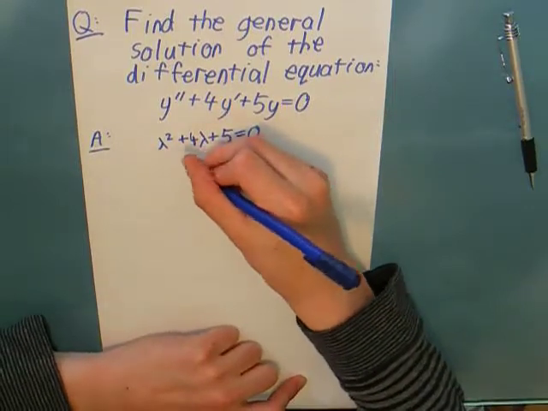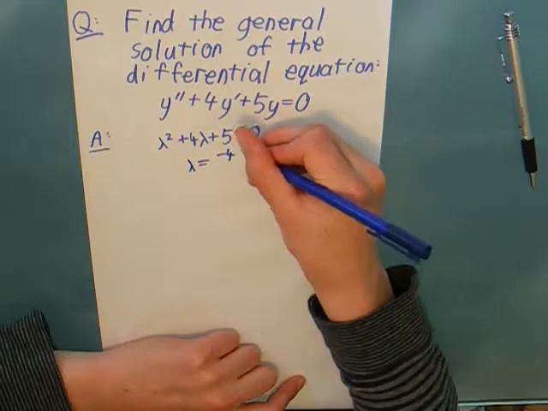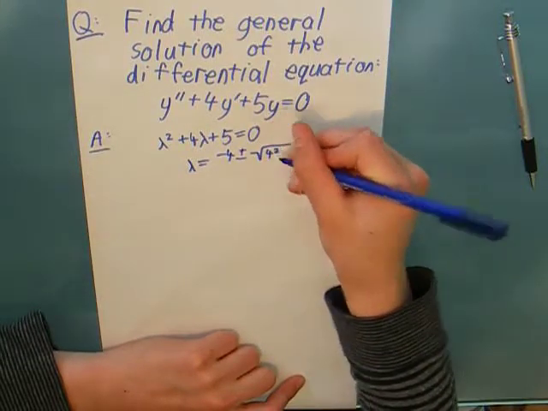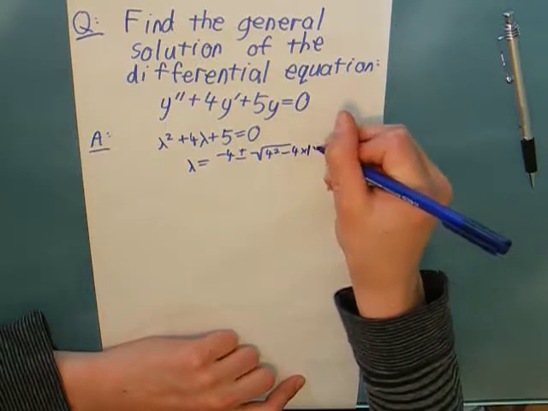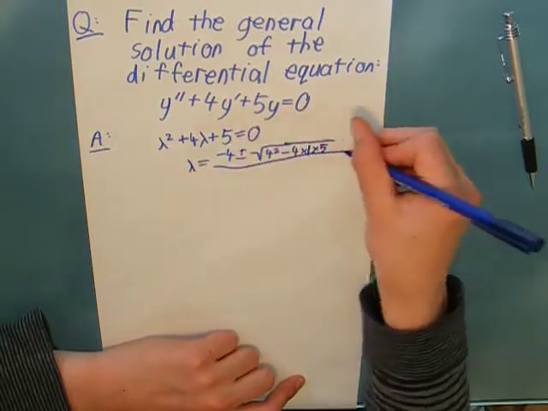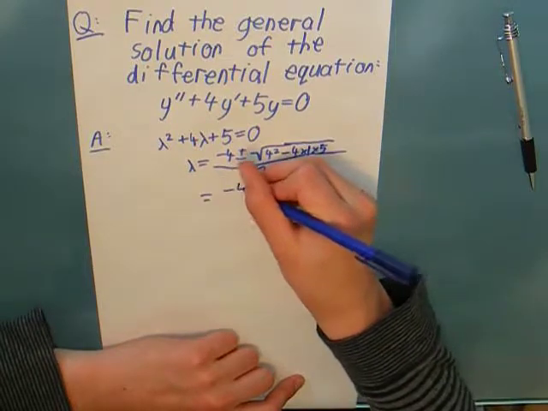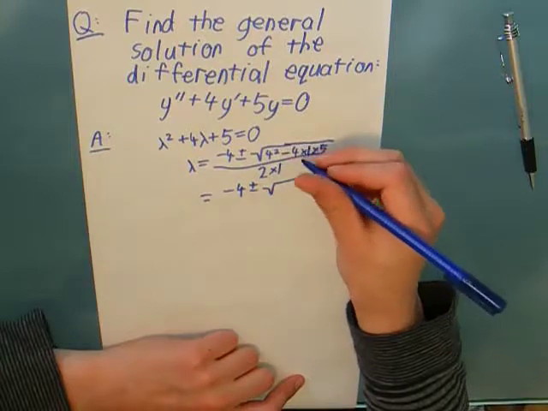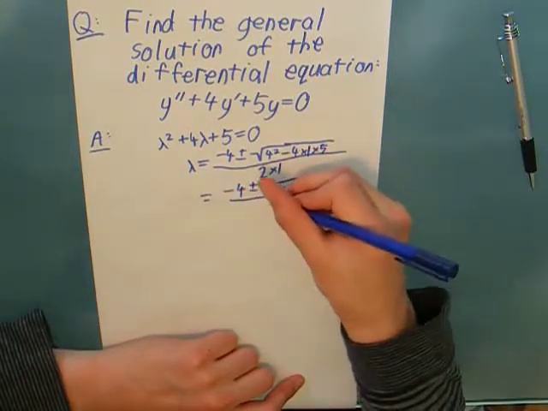So this is going to go lambda equals -4 plus or minus root 4 squared minus 4 times 1 times 5 all over 2 times 1, which is just -4 plus or minus root 16 minus 20, all over 2.